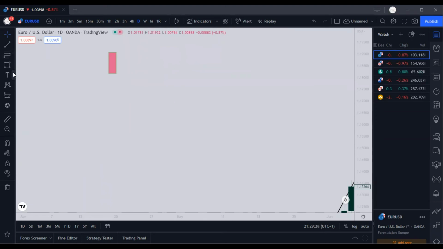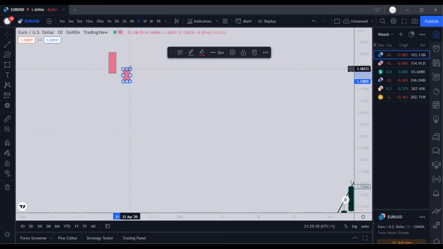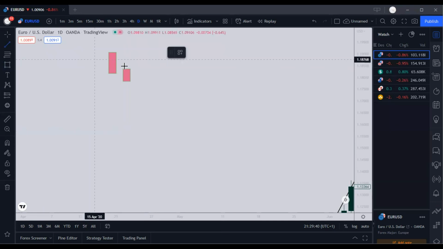Market is selling. Then before you realize, you see a doji, a small doji, either red or green.